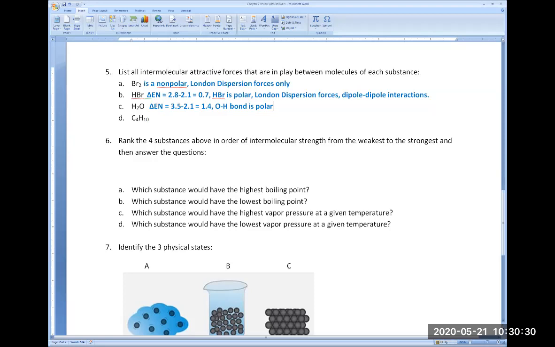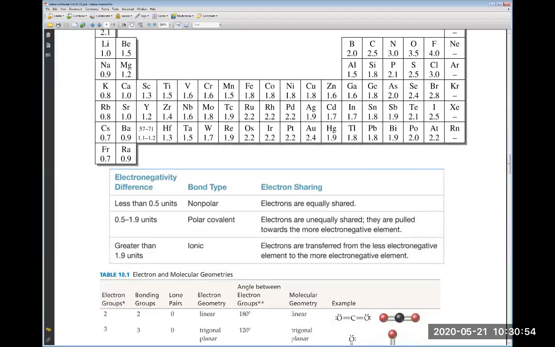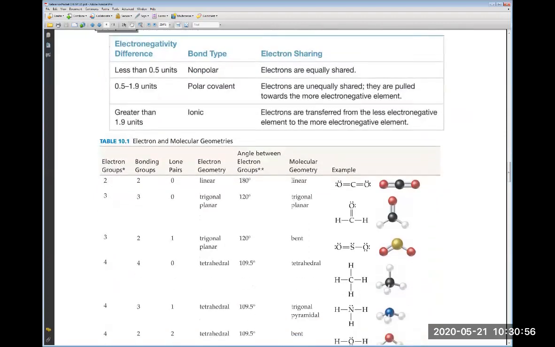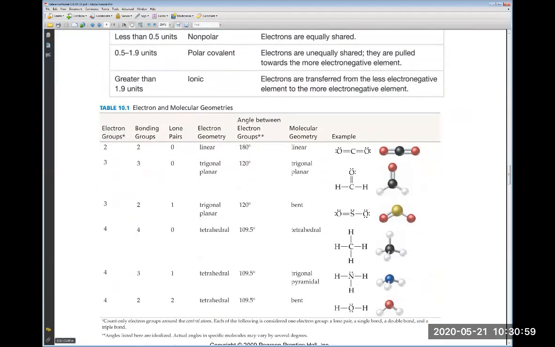You remember the shape of the molecule of water? It's bent, right? It's bent because the oxygen has two lone pairs on it, plus two single bonds. So around the oxygen of water, we have 4 electron groups, 2 bonding groups and 2 lone pairs, right?